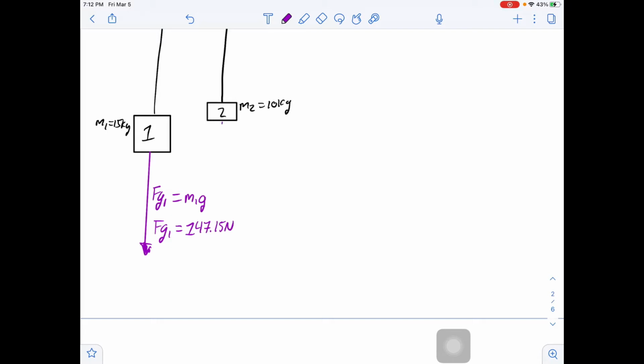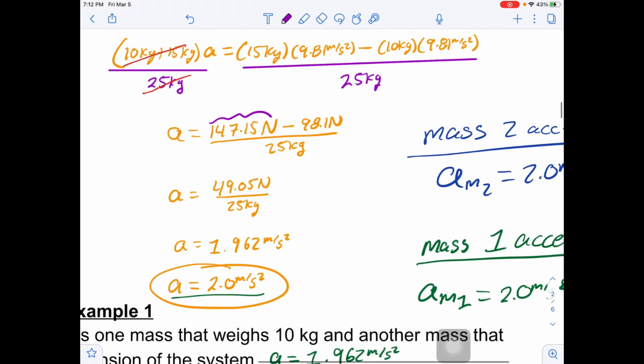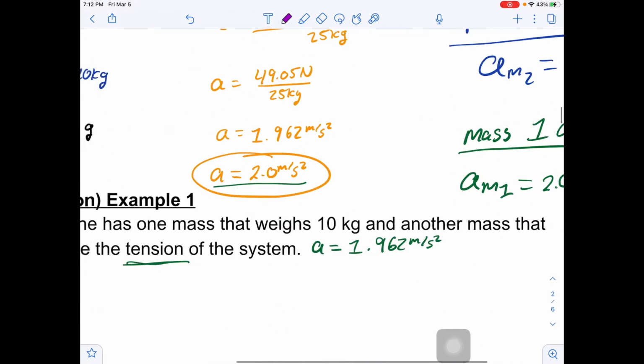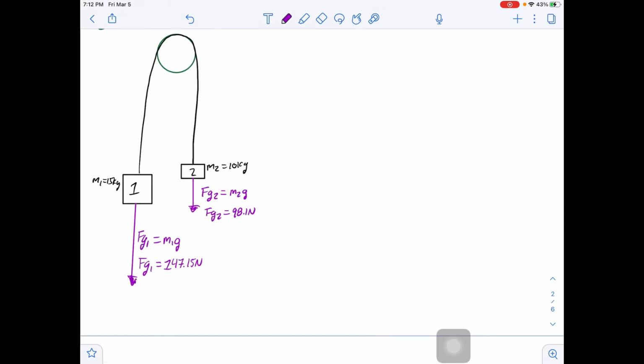And then this guy doesn't have as big of a force of gravity because it is a smaller mass. So this is the force of gravity on 2, which will be the mass of 2 times gravity. And we already found that out to be 98.1 newtons. So we actually have a lot to work with here.